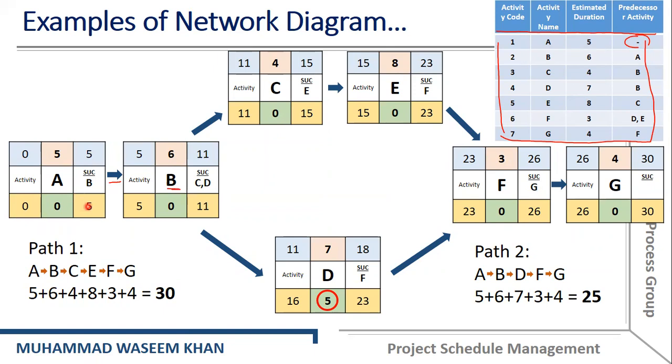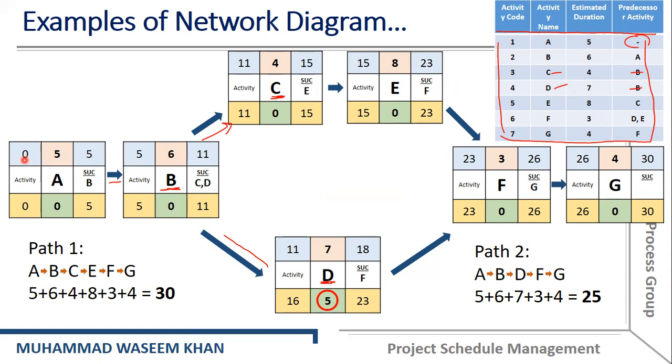Similarly, the earliest start of activity B will be equal to the earliest finish of activity A, which is 5. So we will start activity B at 5.